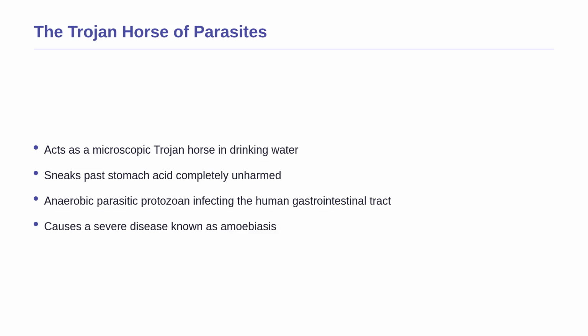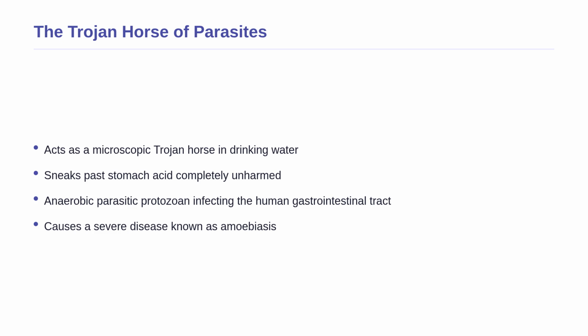To begin our journey, let us imagine drinking a glass of cool water from a stream. Unbeknownst to you, tiny armored capsules might be floating inside. These capsules sneak past the harsh acid of your stomach completely unharmed.